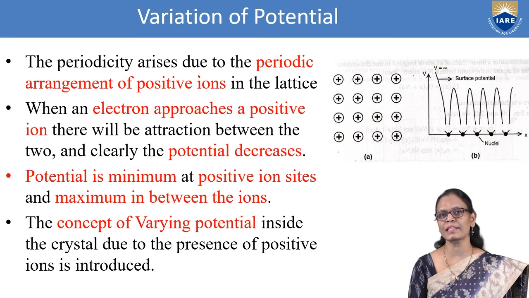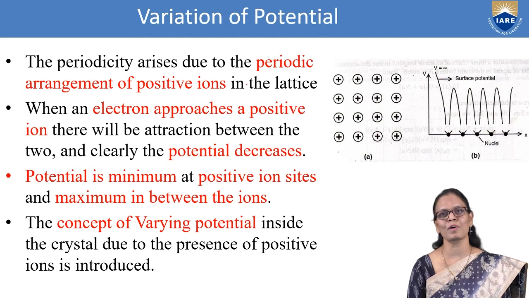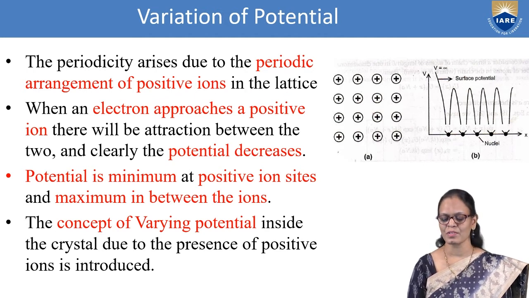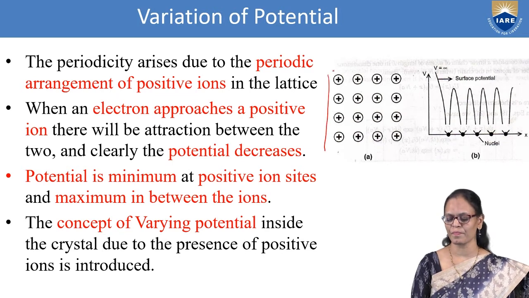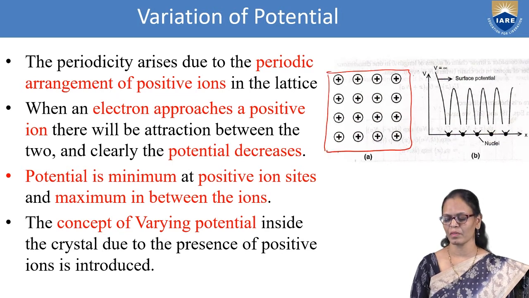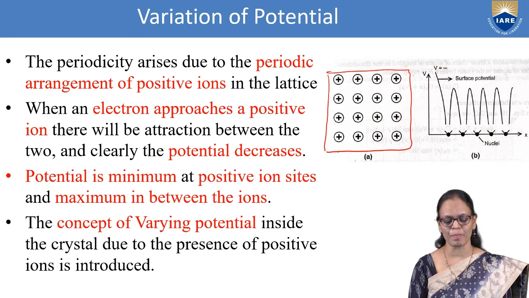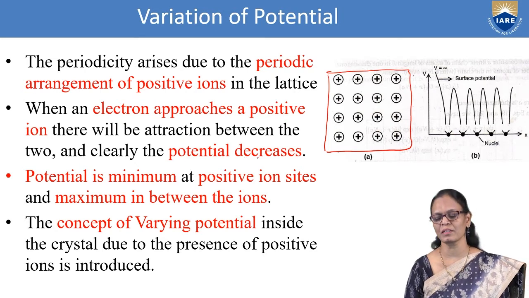The periodicity arises due to the periodic arrangement of positive ions in the lattice. As I explained, this is the periodic arrangement you can see in the crystal. When an electron approaches a positive ion, there will be attraction between the two and the potential decreases.